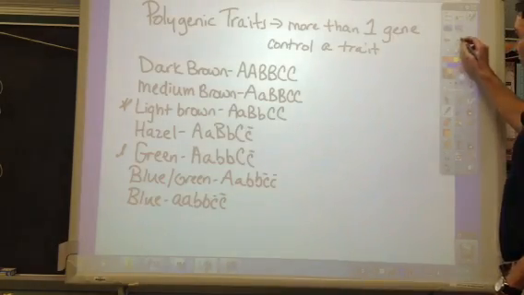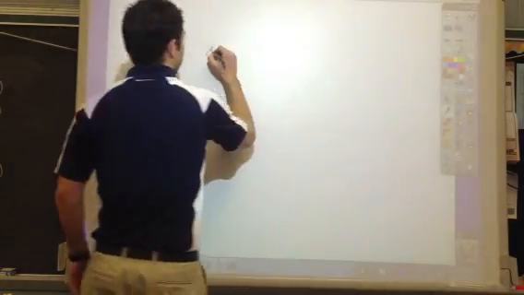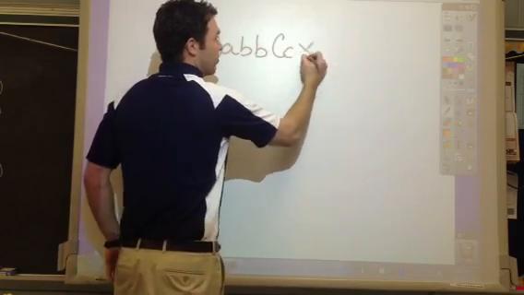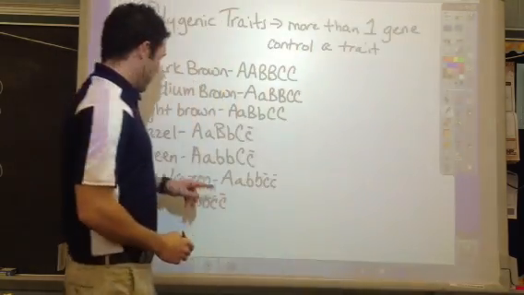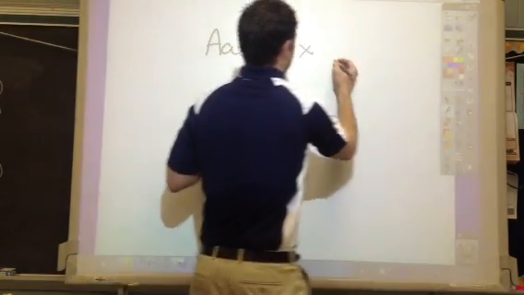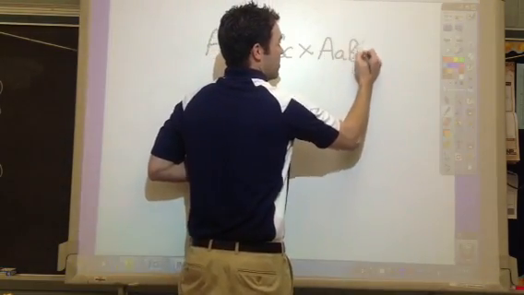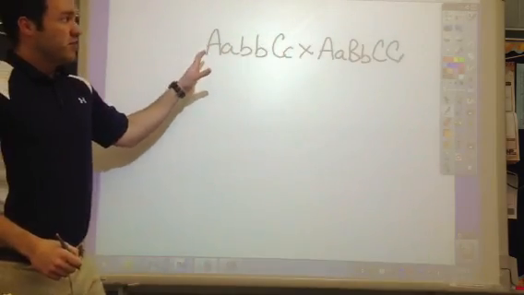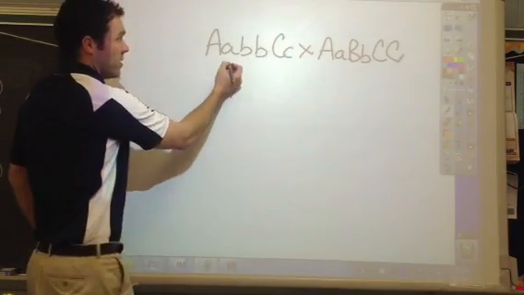So we have big A, little b, big C was the green, and the light brown was big A, big B, big C. So now this is simply a tri-hybrid cross. You'll come out with the gametes.